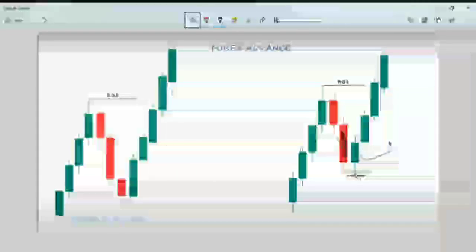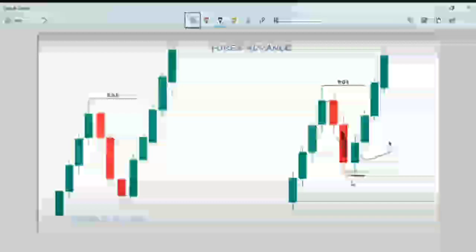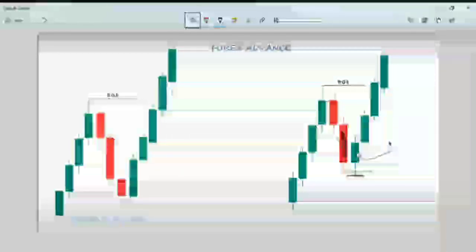So this specific green candle is your last selling candle. Don't be confused with the colors, don't be confused with the movement. Always look for the last lower point. Even if this candle is green, even if this is a buying candle, you have to look for the lowest point.